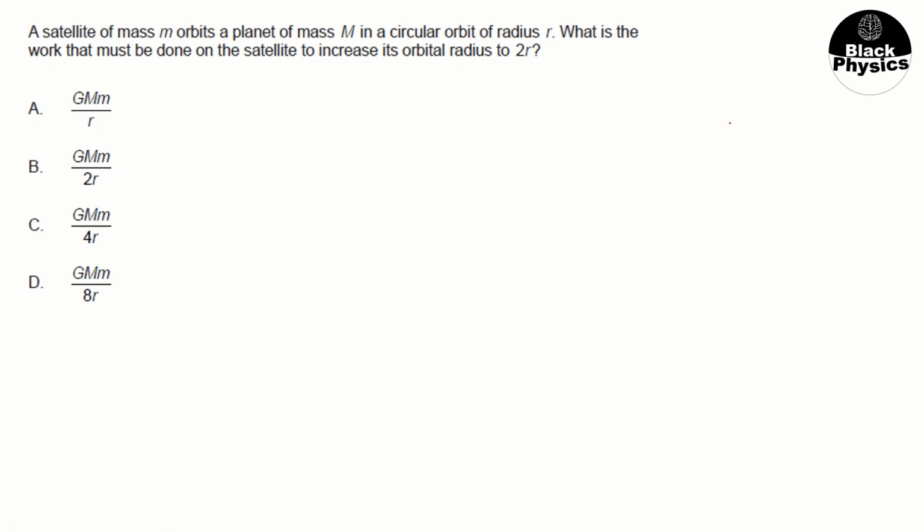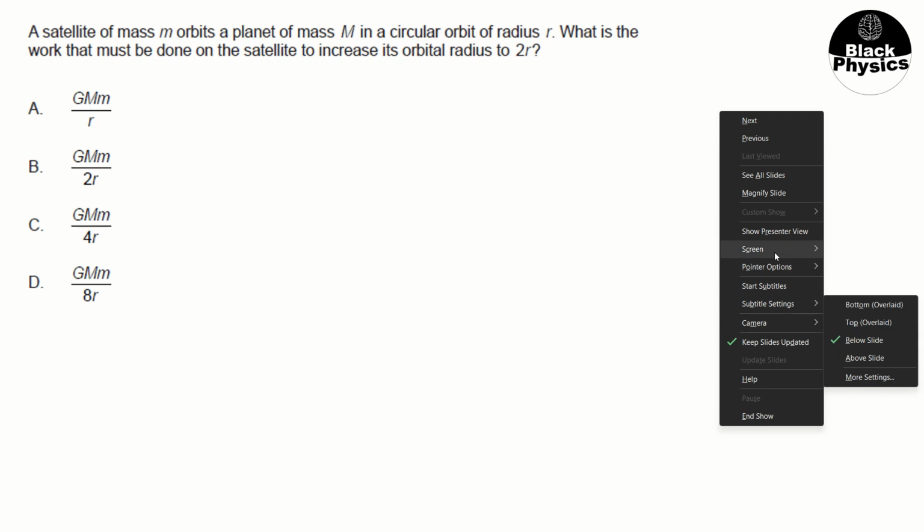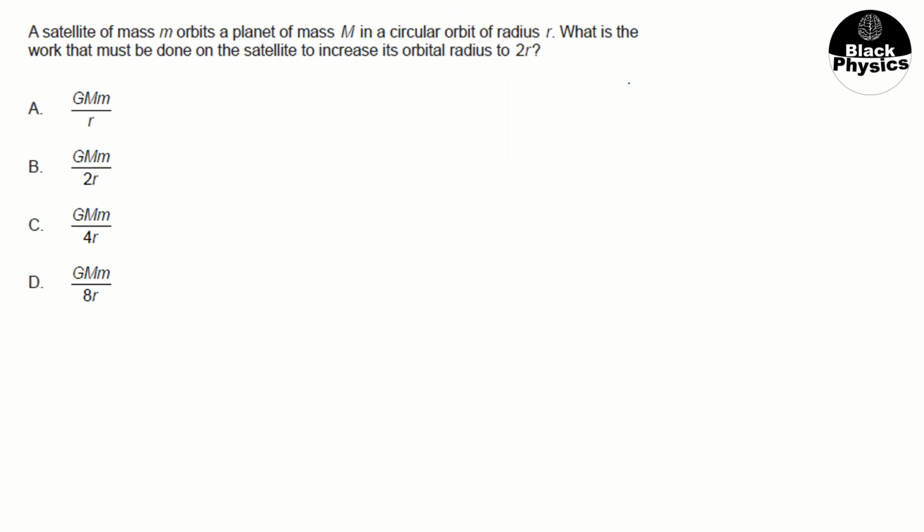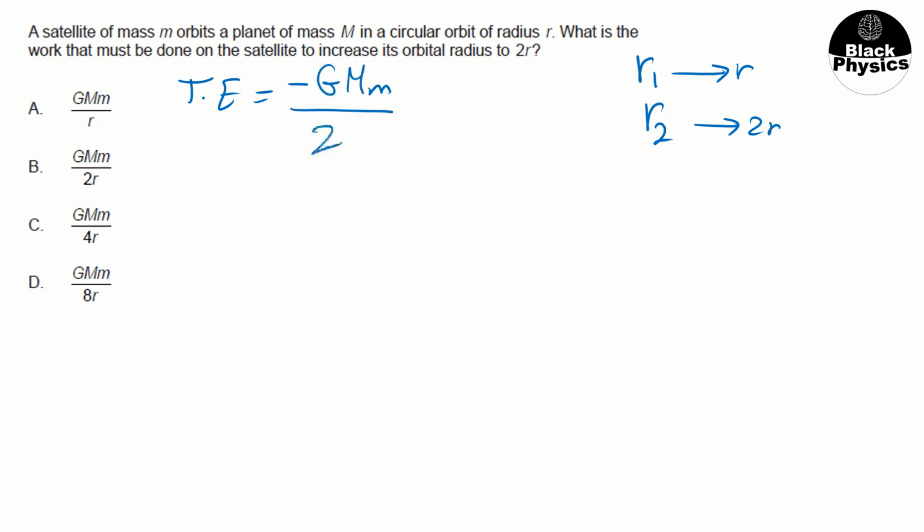Okay, so we know that the first position R1 is R, the second position R2 is 2R. And we just proved that the total energy is negative G times the mass of the planet times the mass of the satellite over 2R.